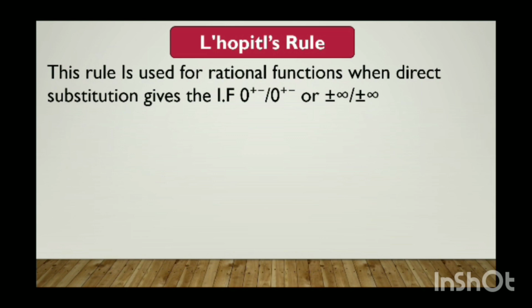L'Hopital's rule. I have omitted an E. L'Hopital's rule can only be used for rational functions. So it is a rule used for rational functions when direct substitution gives the indeterminate form, and the specific indeterminate forms we have are 0 from above or from below divided by 0 from above or from below, and also plus or minus infinity divided by plus or minus infinity.